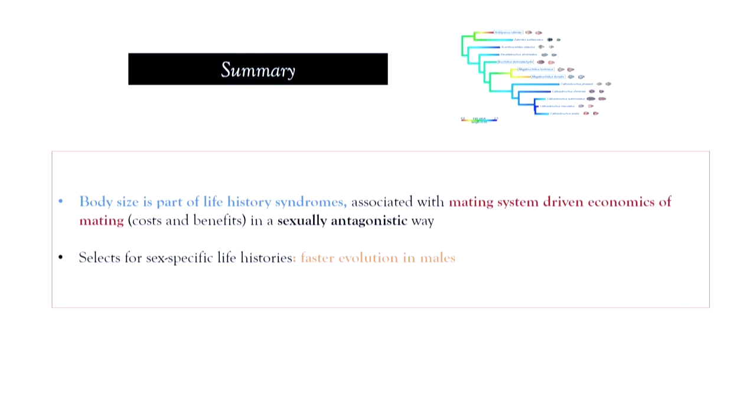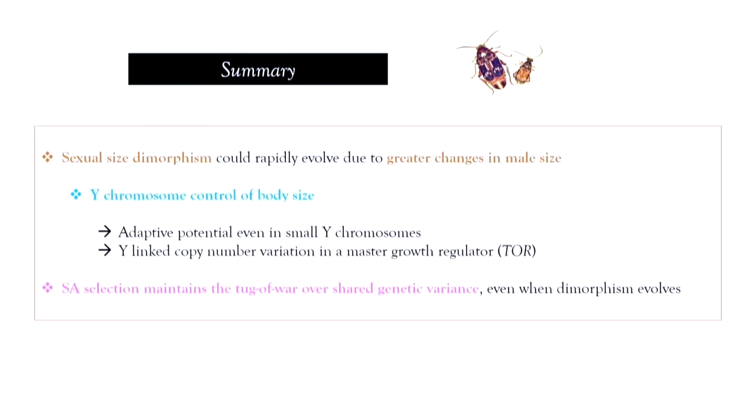And we see overall that there is faster evolution in life histories in males, and now it's really interesting with this Y chromosome to look into the phylogeny and see how much of this faster male evolution can be explained by the divergence in the Y chromosomes, and whether we find this TOR candidate gene explaining any of that variation in the sexual size dimorphism.